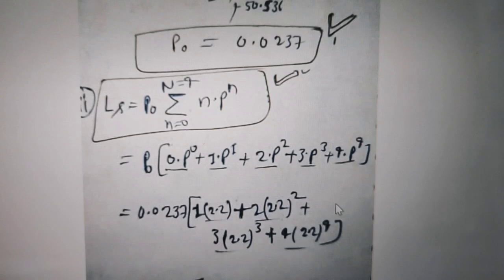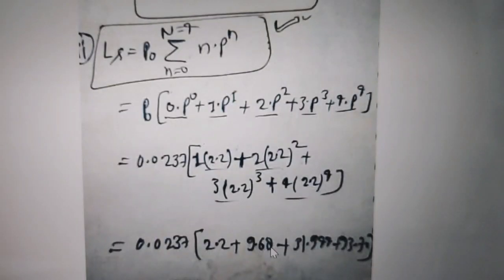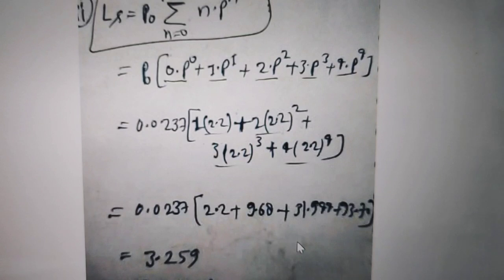Evaluating these terms, we get 2.2, 9.68, 31.944 and 93.70. If you add all these and multiply with 0.0237, we get 3.259.